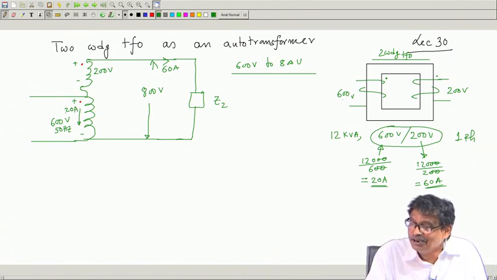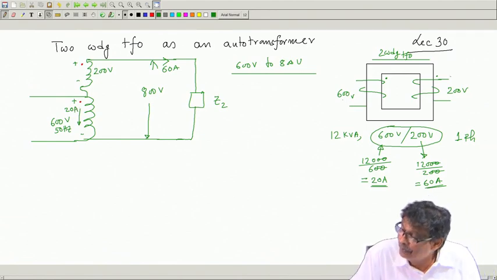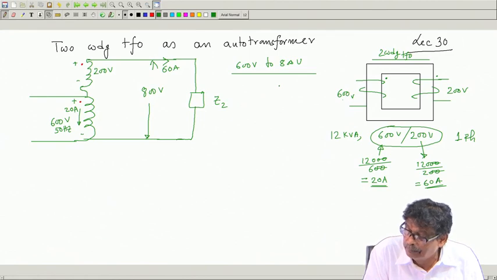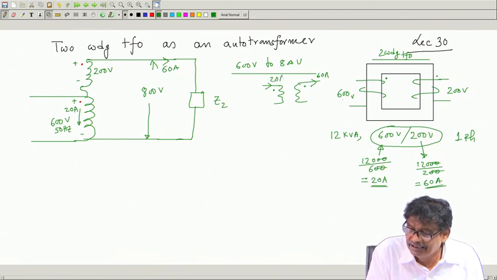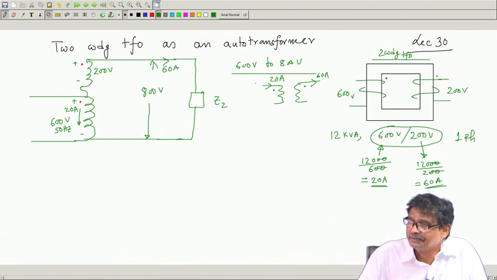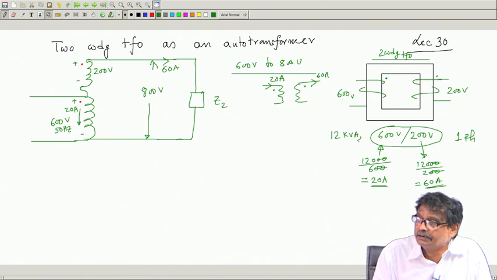This I know from my 2 winding transformer. Whenever this is dot, this fellow carries 60 ampere rated current, this will draw 20 ampere. Ideal transformer consider first, it will draw 20 ampere.